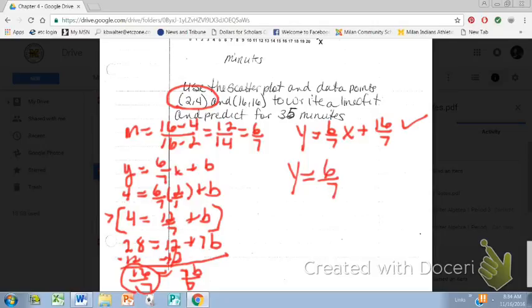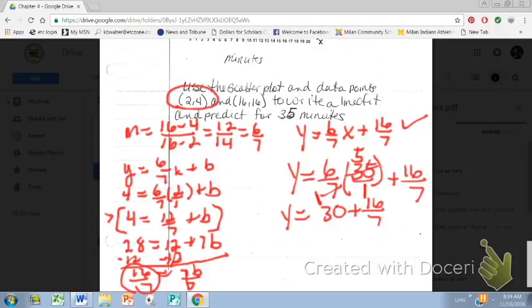Y equals 6/7 times 35 plus 16 over 7. Put 35 over 1. And 7 and 35 cancel to 1 and 5. So 30 plus 16/7.